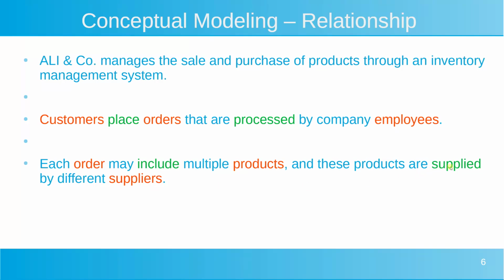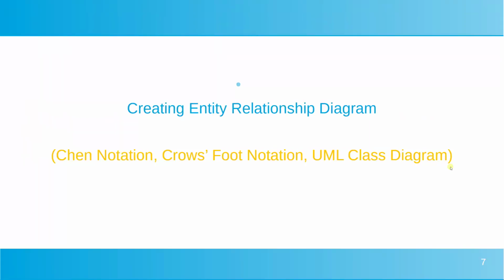Now to map these relationships, we create an entity relationship diagram, which can be created in different notations: Chen, crow's foot, UML class diagram. Each one has a different level of explanation. Now how can we create this diagram? Different tools are used.